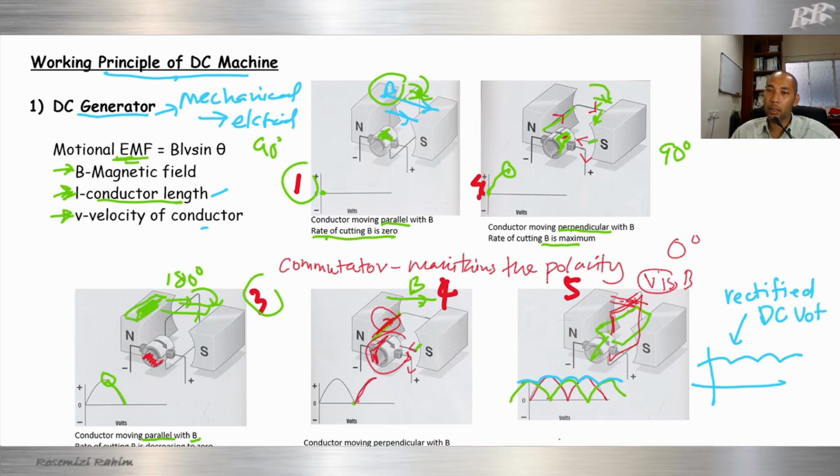Just imagine if we put more coils, there will be many waveforms, so the total waveform will be just a straight line. So this is the DC voltage, or the output. That's why it depends on the conductor amount too. I think that's all. Thank you very much. Bye bye.